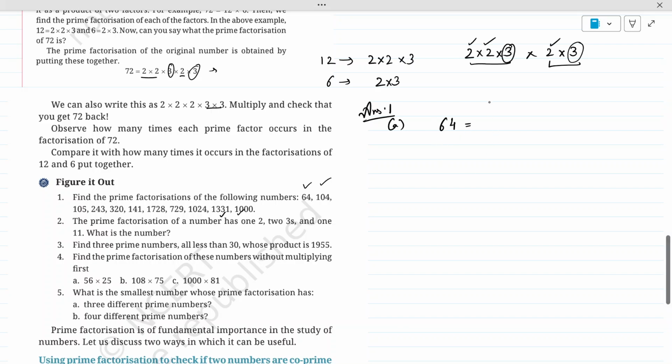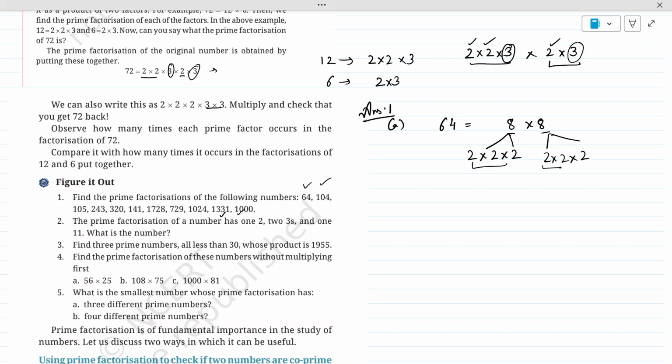So let's try to break it. I can write 64 as 8 multiplied by 8, right? And now I can break this 8 into further lower prime factors. So 8 will give me 2 into 2 into 2, right? 2 multiplied by 2 multiplied by 2 will give me 8, and here also 2 multiplied by 2 multiplied by 2 will give me 8.